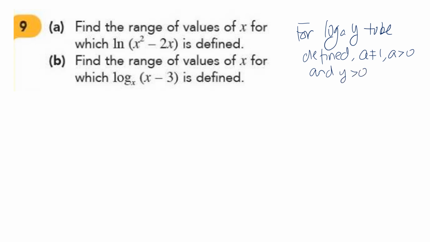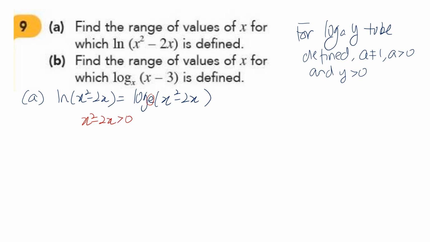Okay, so let's look at 9a. ln of x squared minus 2x is just log base e. ln is the symbol for natural log. Base e is around 2.71, definitely not equal to 1, definitely more than 0. So we don't really have to worry about the base. What we need to be worried about is x squared minus 2x must be more than 0.